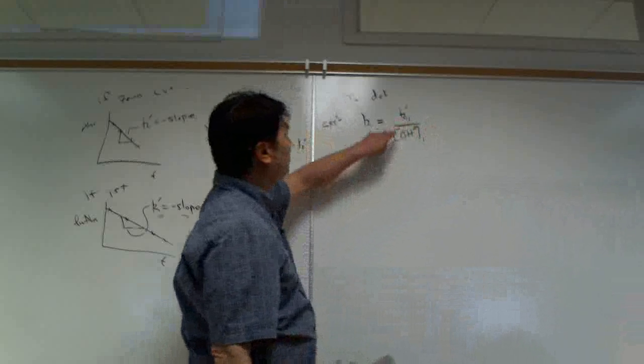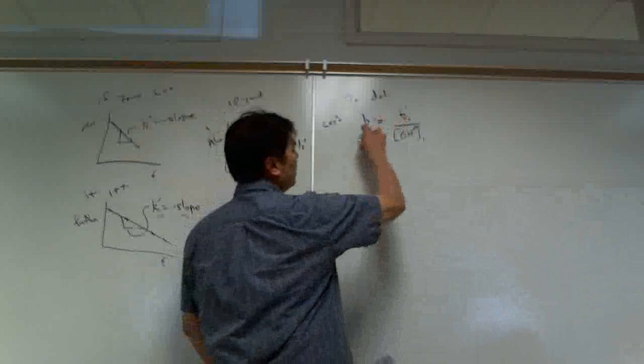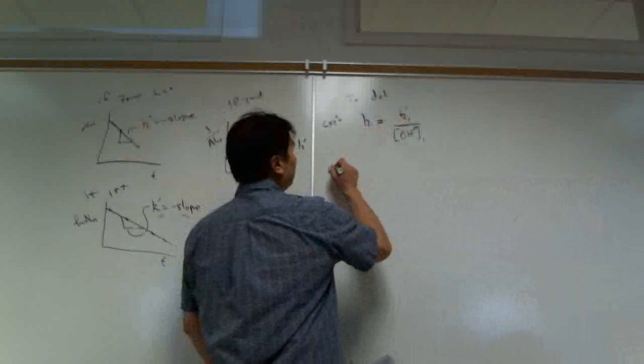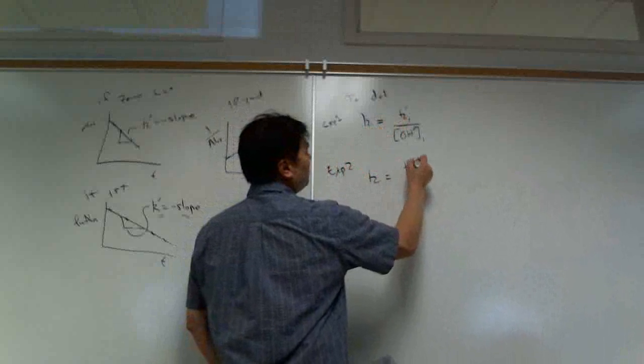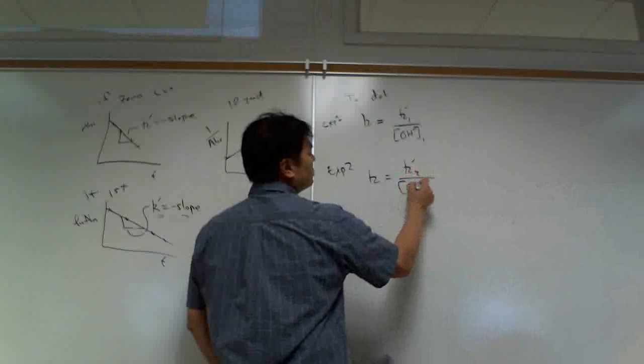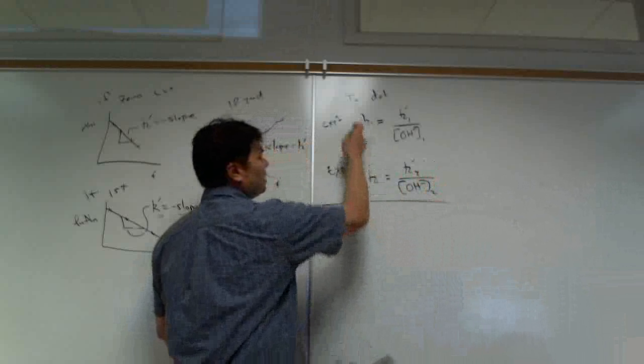Because K prime 1 was equal to K times the hydroxide ion concentration, so we just undo that and get K. From experiment 2, K is going to equal K prime 2 divided by the hydroxide ion concentration in 2. And then the 2 Ks should be the same.